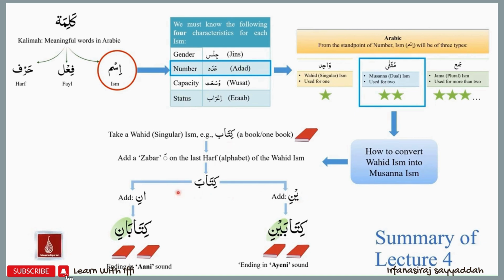So kitab becomes either kitabani or kitabaini. Both kitabani and kitabaini refer to two books. And we emphasize that it is important to know the ending sounds of these words. Ani, aini. Ani, aini. Both of these will refer to something which is two or dual.